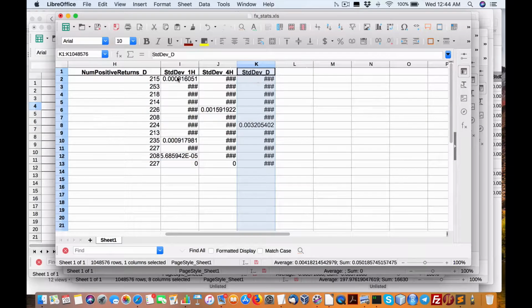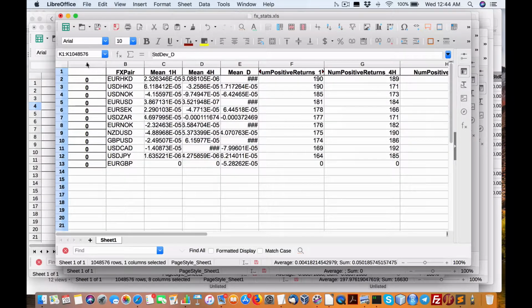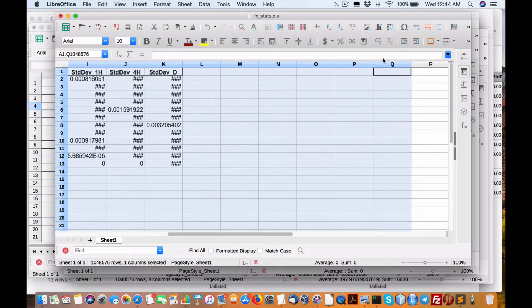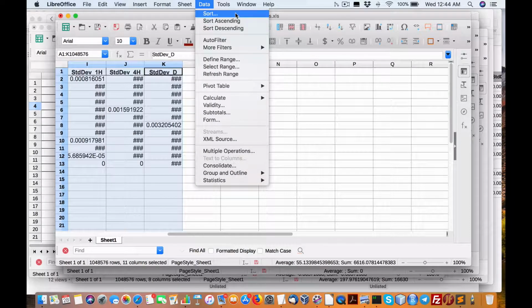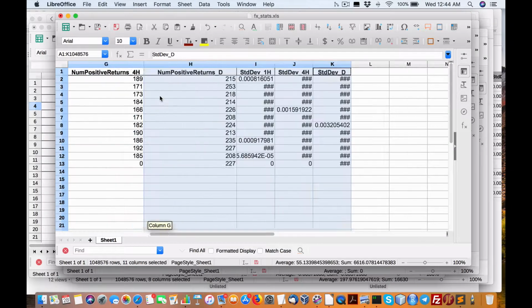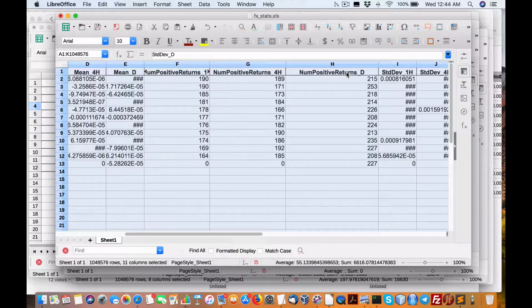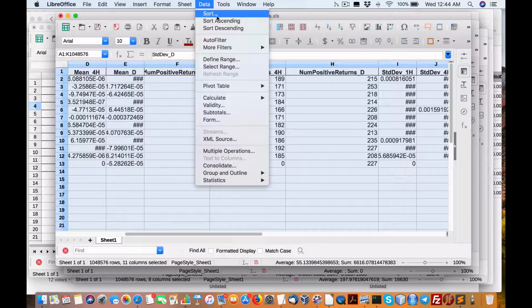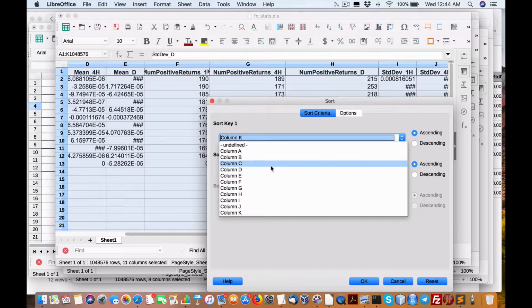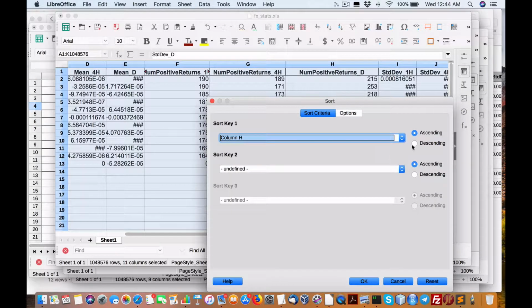And we also have standard deviation and mean and all that. We could try and confirm the theory here. So if I do a sort, let me just make sure I got the right one. We want to do a sort on number positive. That's column H, so we do column H, descending.